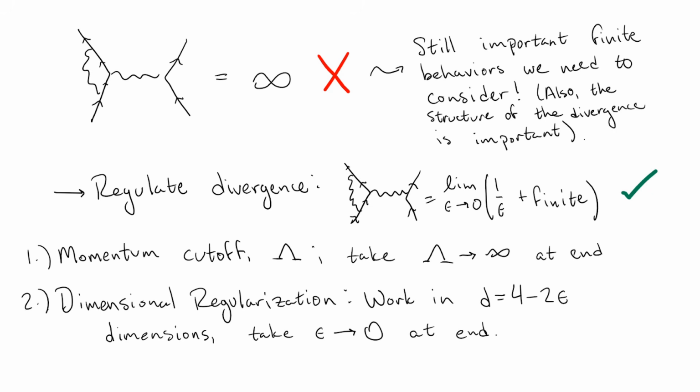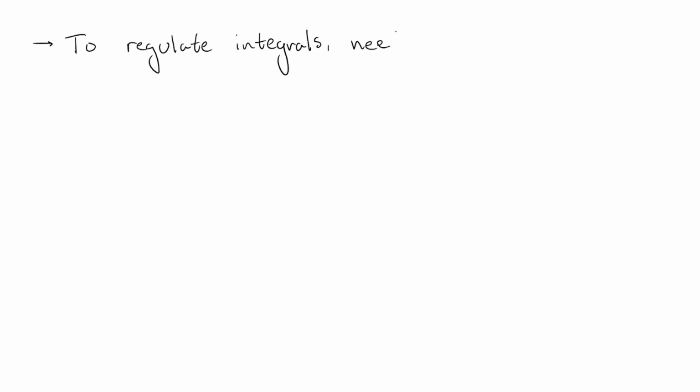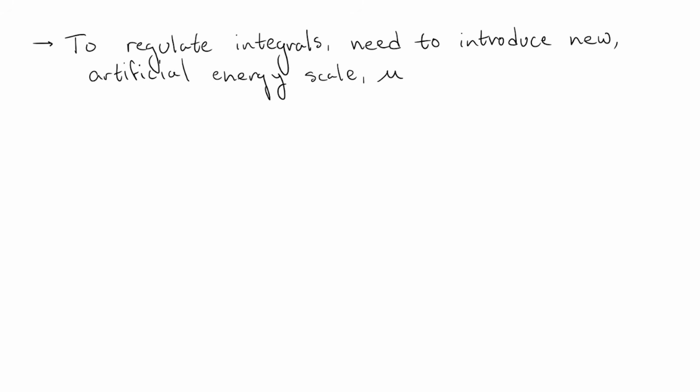In both of these methods of regularization, one must introduce an artificial energy scale. In the momentum cutoff case, this energy scale is the cutoff itself. While in dimensional regularization, it's a little more complicated to see how this scale arises. Regardless of how the energy scale arises, it's something that we have to insert by hand in order to find the counterterms and amplitudes that we want to calculate.